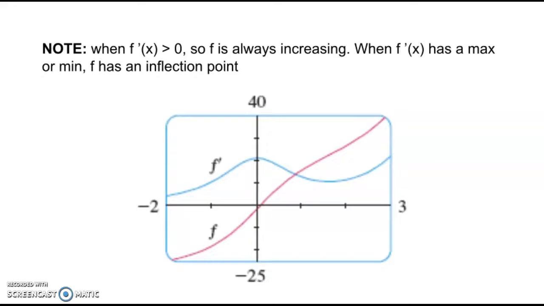So in relation to example 3, this figure shows the graph of the function we just solved and its antiderivative. We note that when f prime of x is greater than 0, f is always increasing. And when f prime of x has a max or min, f has an inflection point. The purpose of the figure is mostly to check on our calculations.